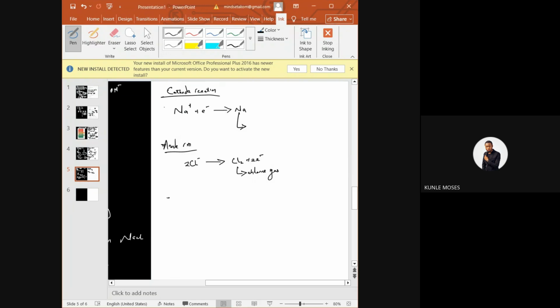They can write Roman figure 1, the valency of ion. Figure 2, position in electrochemical series. Figure 3, they can ask concentration of ion. Figure 4, they can write nature of electrode.